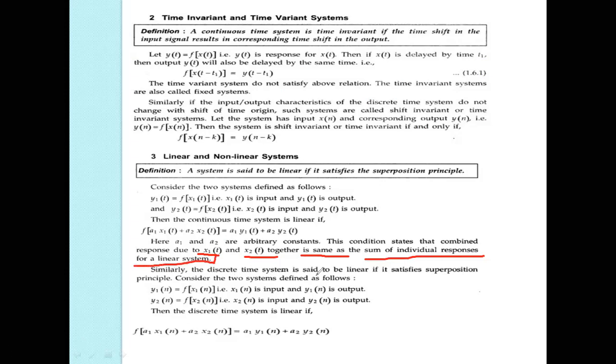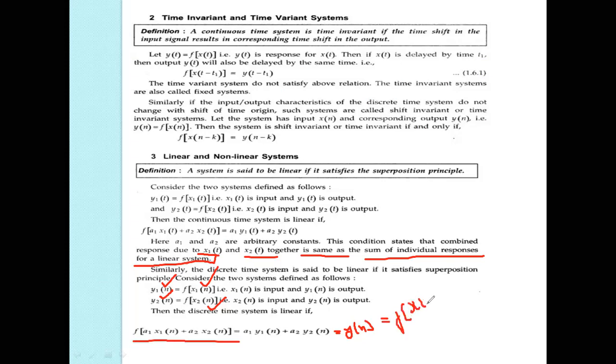And similarly, the discrete time system is said to be linear if it satisfies the superposition principle. y1 of n is equal to the function of x1 of n, and y2 of n is equal to the function of x2 of n. Combining, the discrete time system is linear if the function of a1 x1 of n plus a2 x2 of n is equal to a1 y1 of n plus a2 y2 of n, nothing but y of n is a function of x of n.